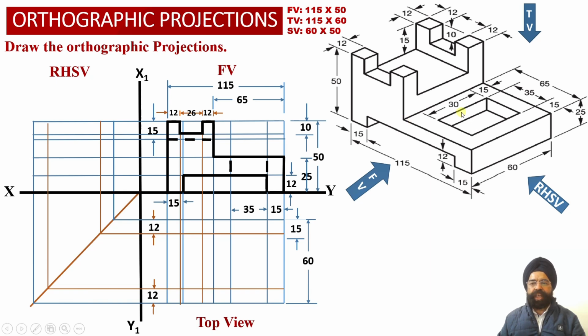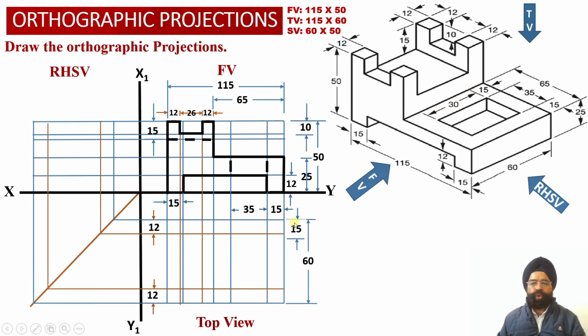So now we can check that this rectangular slot is going to start at a distance of 15 millimeter from the rear face of the solid, and it will start at a distance of 15 millimeter from the front face of the solid, so that the total depth of the slot should be equal to 30 millimeter.